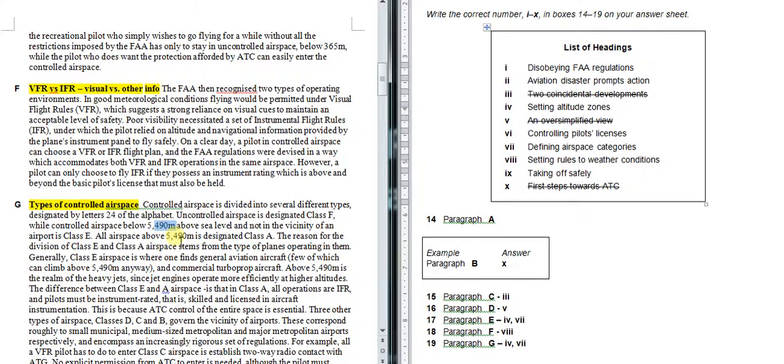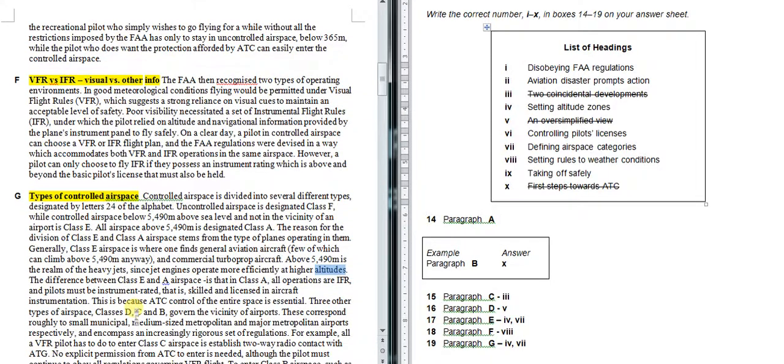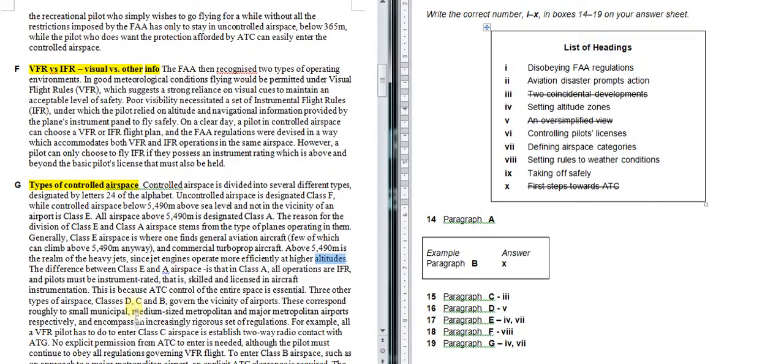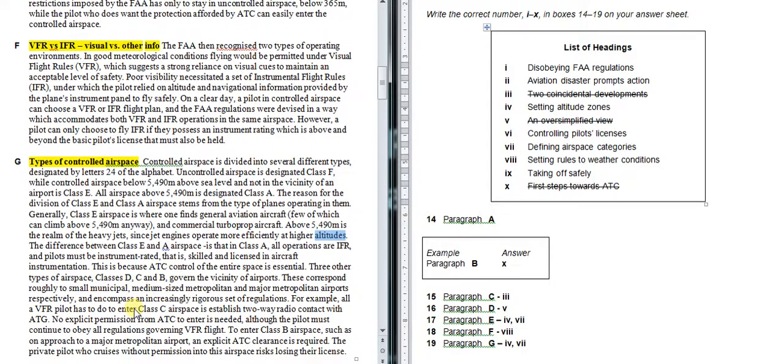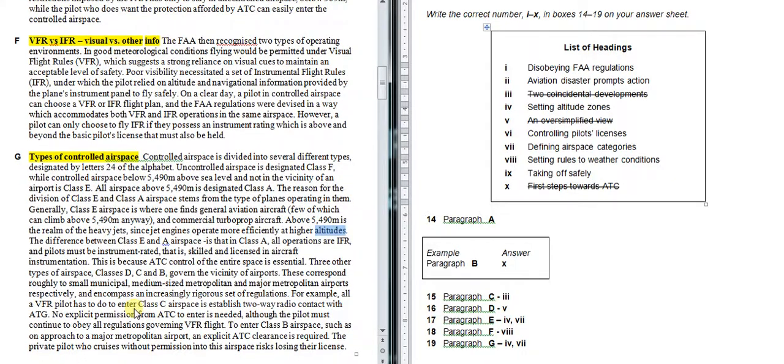I notice quite a few altitude markers above 5,490, higher altitudes. But here we've got the vicinity of airports.